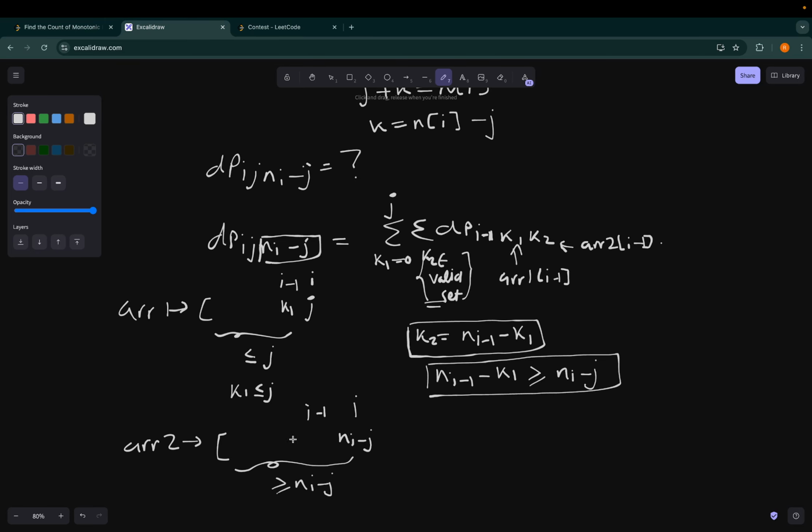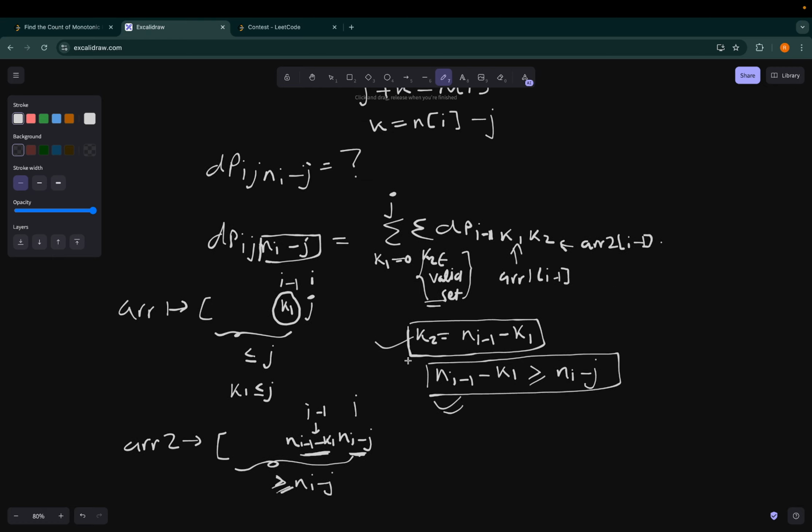So that's why here I will put n of i minus 1 minus k1, right? Because if I put k1 in array 1 and the sum of these two should be equal to n of i minus 1, then obviously I'll put this number at index i minus 1. So then this condition should hold, because n of i minus 1 minus k1 should be greater than or equal to n of i minus j to make it non-increasing.